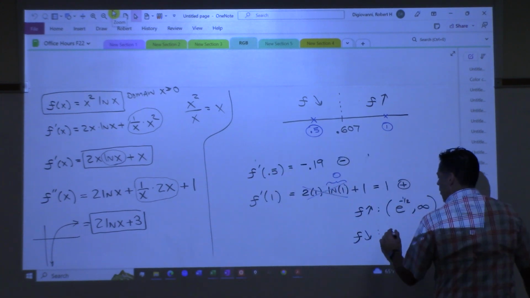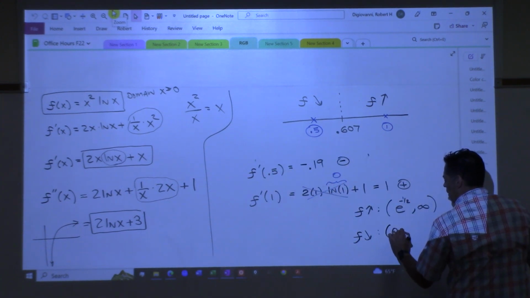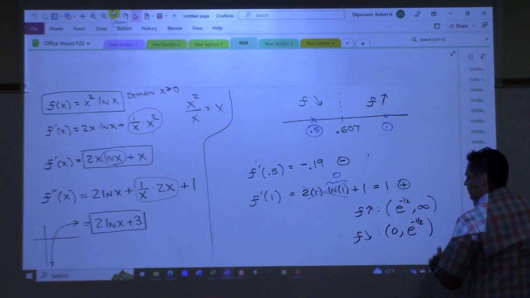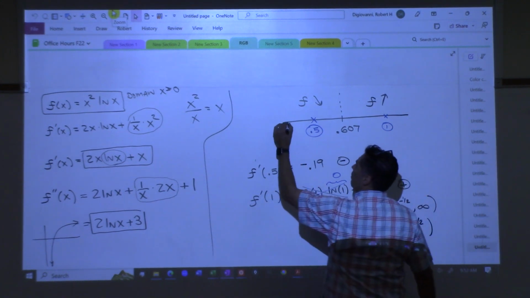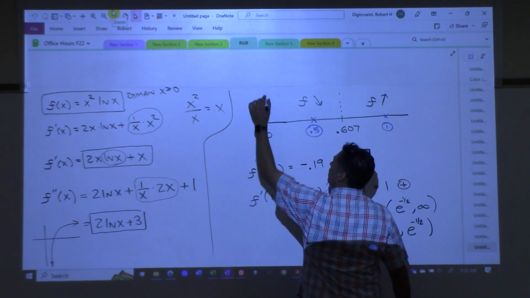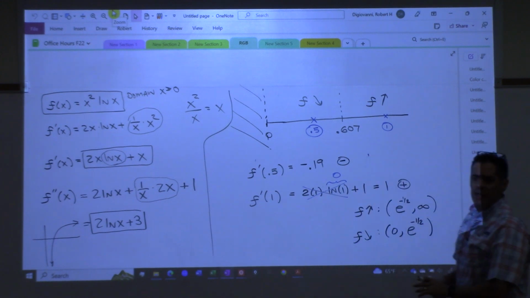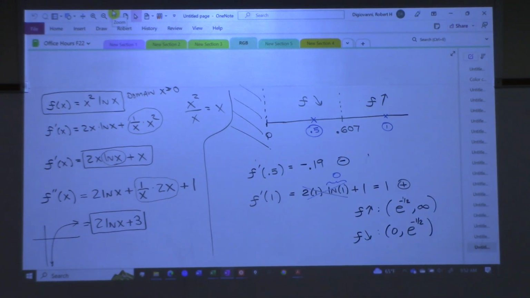So this function can only be going down between 0 and e to the negative 1/2. Here's 0. None of that is included, right? You can't include any of that in your picture, or in your graph, or in your function, I should say.